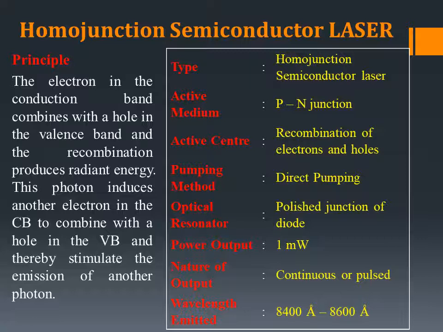The pumping method used here is direct pumping with the optical resonator as the polished junction of the diode. The power output is just 1 milliwatt. The nature of output is continuous or pulsed, and the wavelength emitted is in the range of 8400 angstrom to 8600 angstrom.